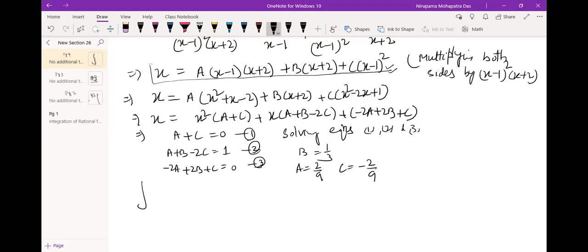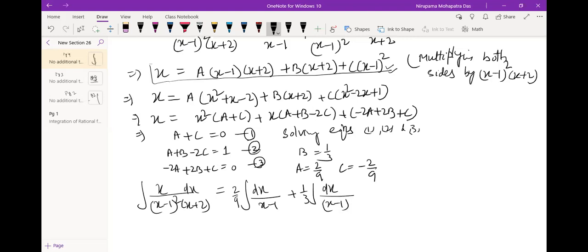So now the required integral is the integral of x by (x minus 1) whole square into (x plus 2). This is basically the integral of a by (x minus 1), with a equal to 2 by 9, dx, then plus b, 1 by 3, dx by (x minus 1) whole square, plus c, here it is minus 2 by 9, dx by (x plus 2).